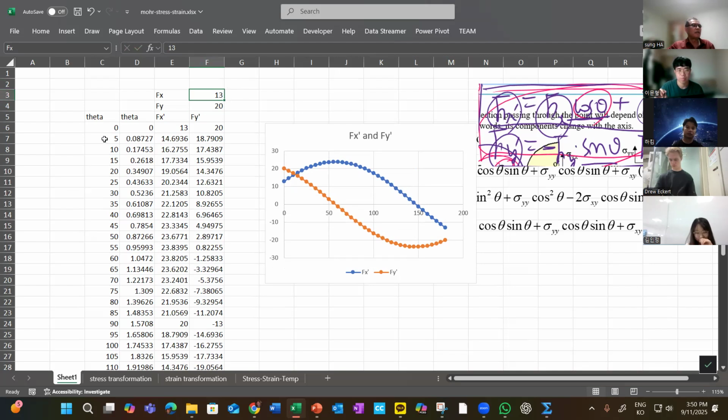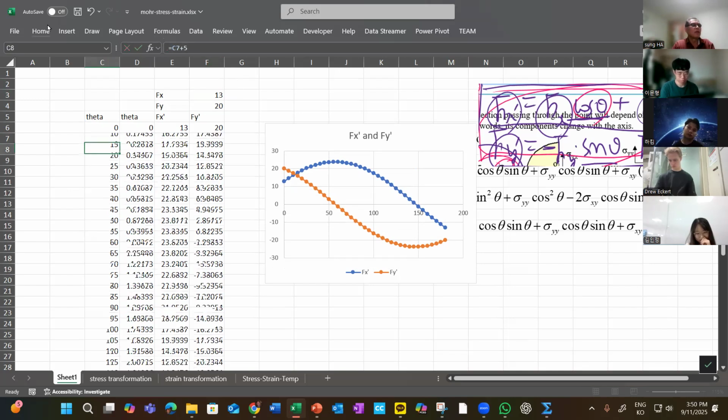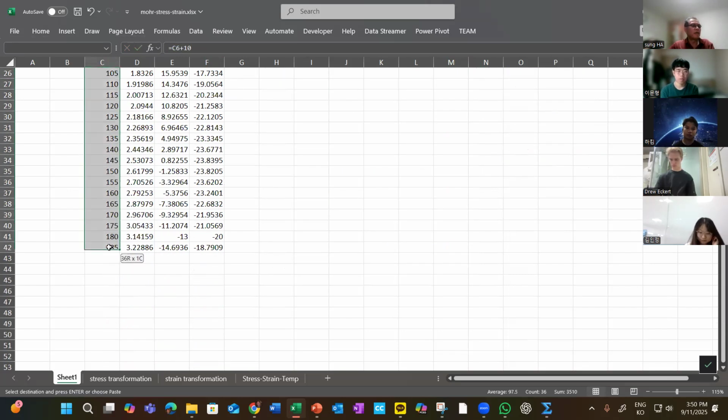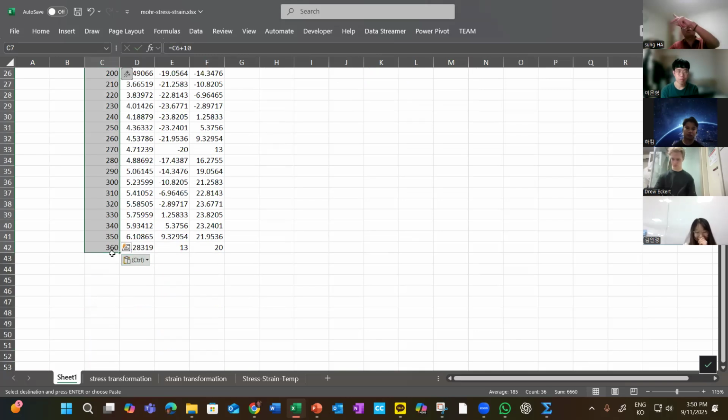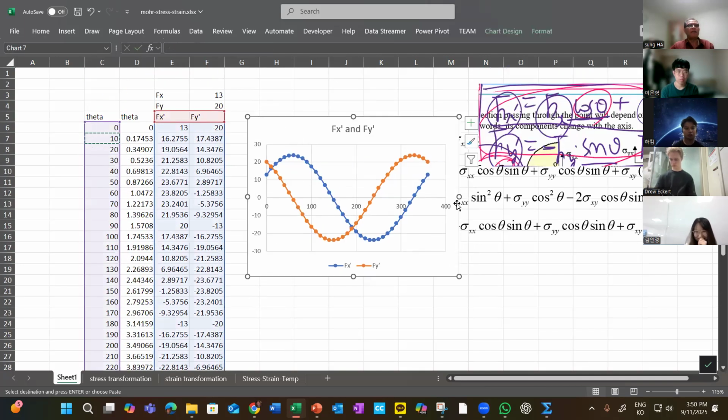Okay. Now, rather than just the plus, I'd like to use 10 degree steps, so that we can have the whole 360. So rotating 360 degrees, and this is the variation.